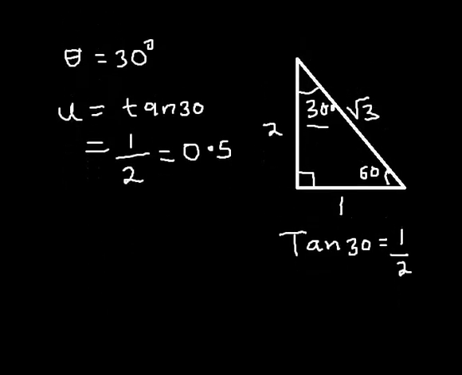Now let's talk about dynamic friction. Everything I have discussed so far is static friction, when the frictional force keeps the body in equilibrium. Now we're going to talk about dynamic or kinetic friction.